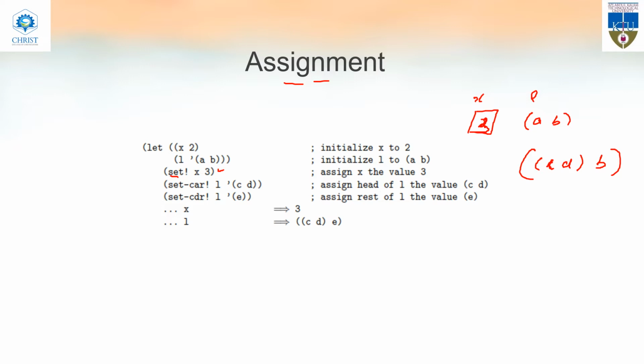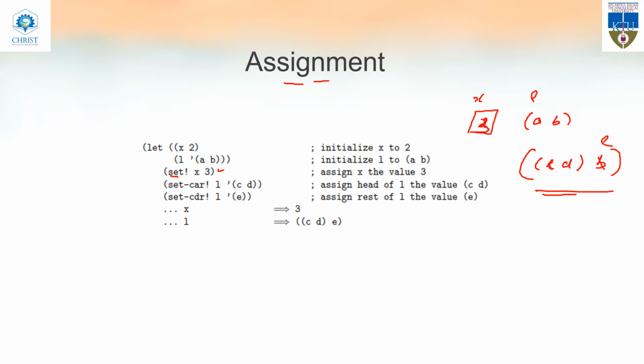So set-cdr! L E is replacing the tail elements by E. Here the tail element is B and it is replaced with E. Set-cdr! changes the tail element, and set-car! changes the head element. So the resultant list will be C D and E.